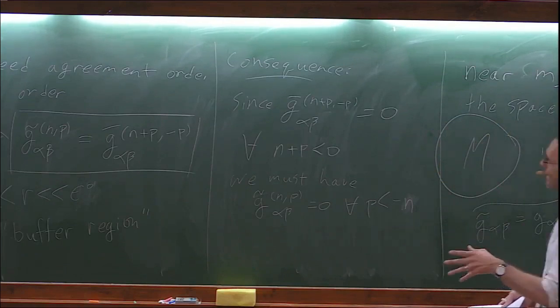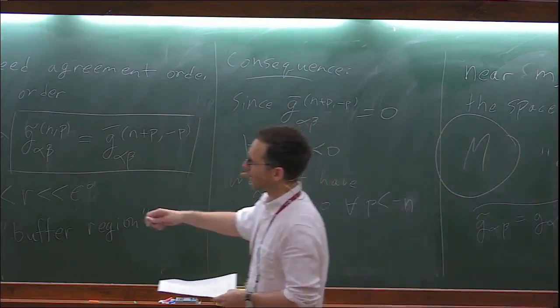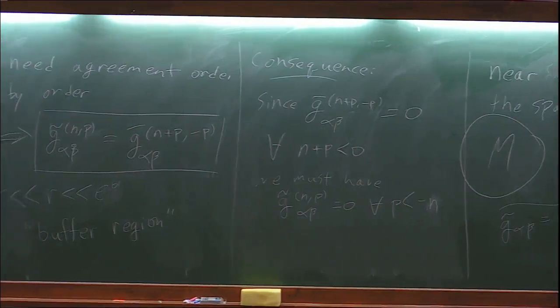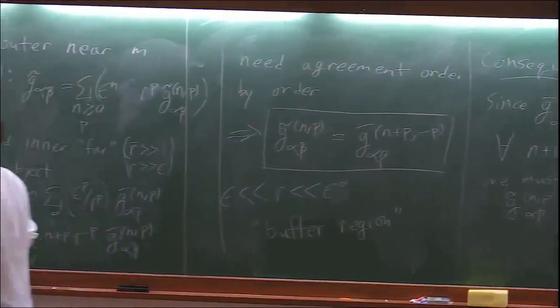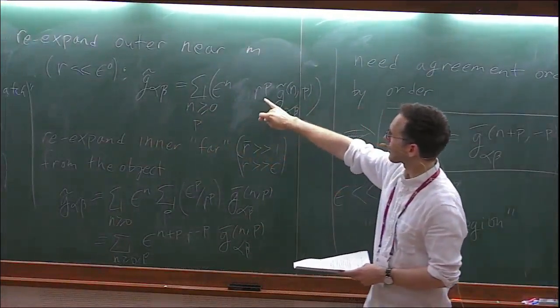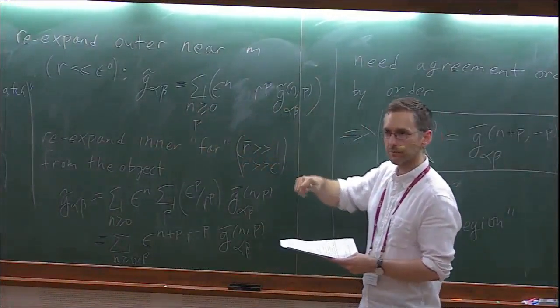Because you can't have negative powers of epsilon in your inner expansion, that puts a restriction on the allowed powers of r you can have in your outer expansion.